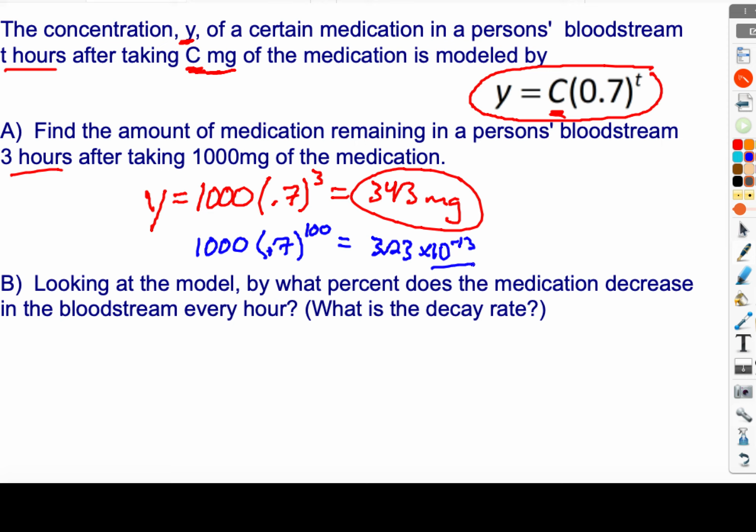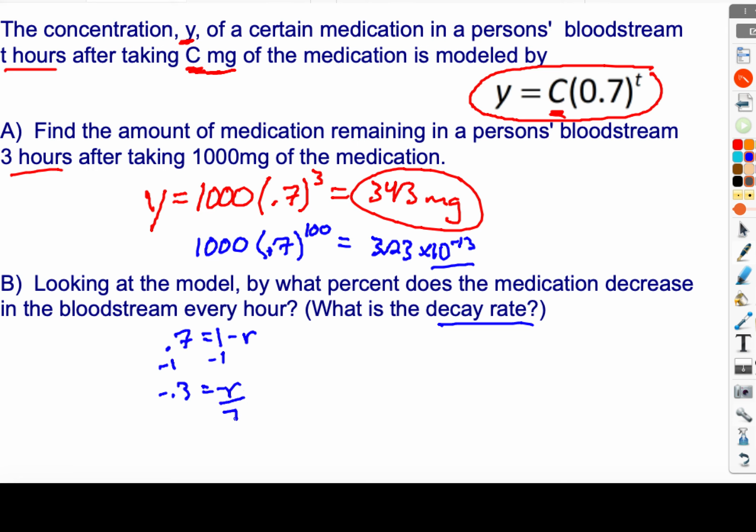So looking at the model, by what percent does the medication decrease in the bloodstream every hour? Or essentially, what's your decay rate? Well, remember, 0.7 is our decay factor. It's 1 minus r. So if I subtract 1 on both sides, I get negative 0.3.